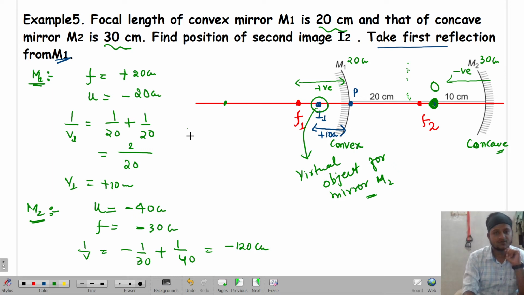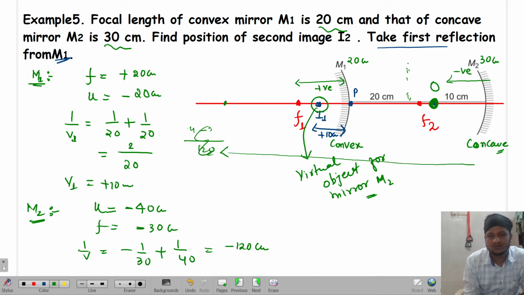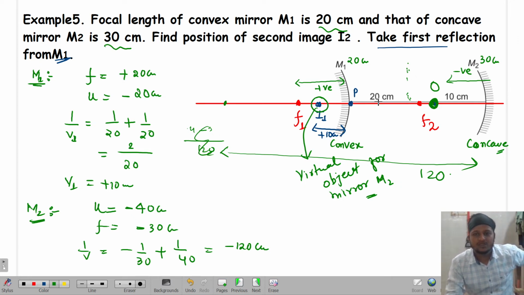It is asking to find the position of second image I2. The position of second image I2 is 120 centimeter from M2. Now how many centimeters away will it be from M1?